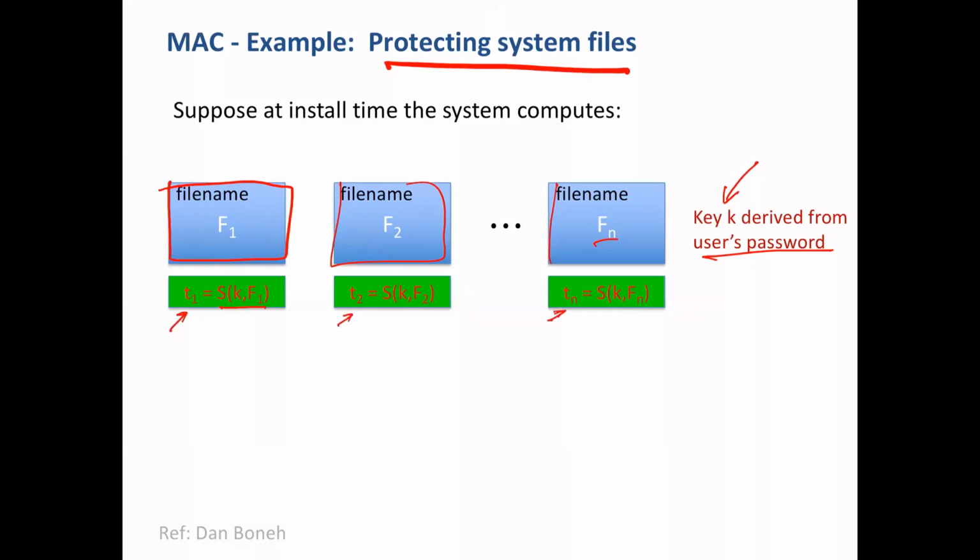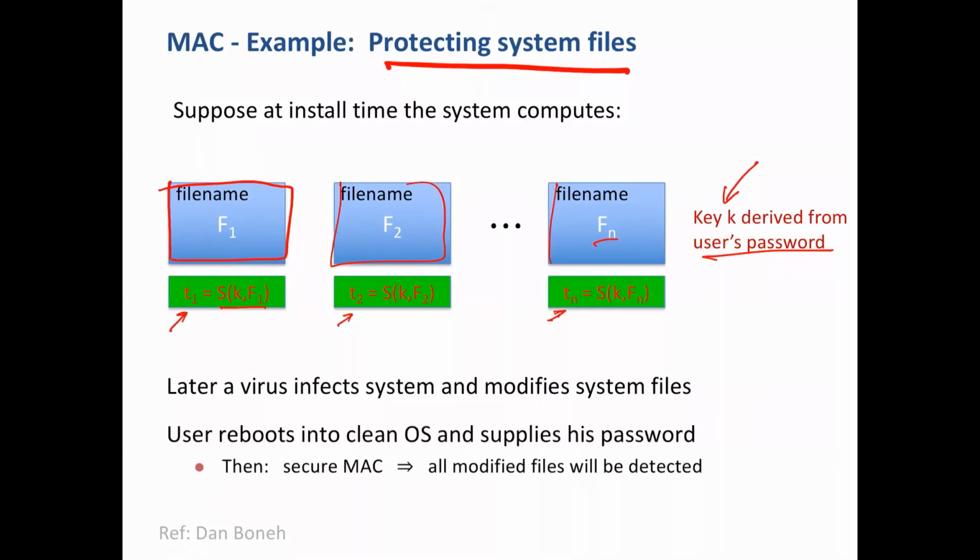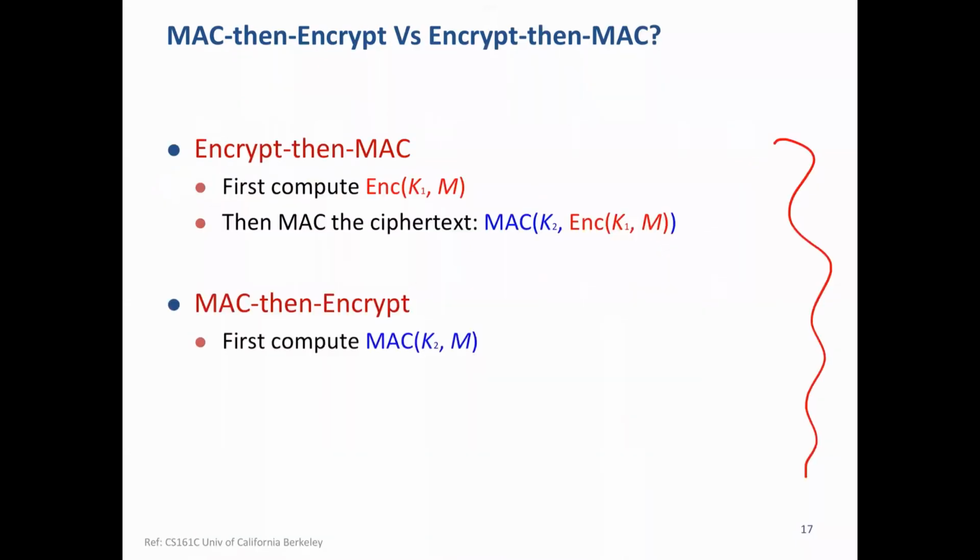Now let's assume that your system gets corrupted. I mean, there's an attack of a virus. Then you boot your system with a fresh OS, or clean OS. That's the only thing that you can do if your OS or system files are corrupted. Now you supply your password, and from the password it can generate the key.